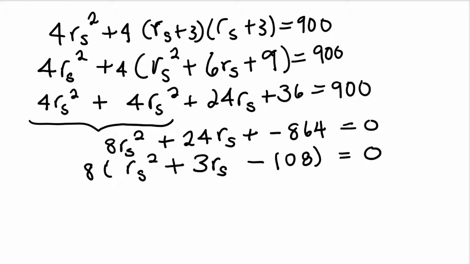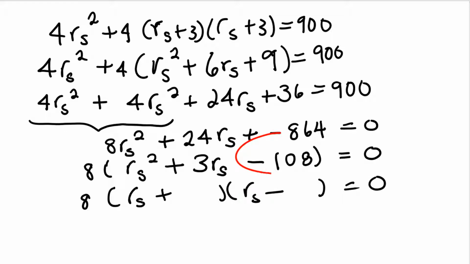And that's equal to 0. Let's factor. So now we will have RS plus something times RS minus something. The factors of 108 that give us a sum of 3 are plus 12 and minus 9.